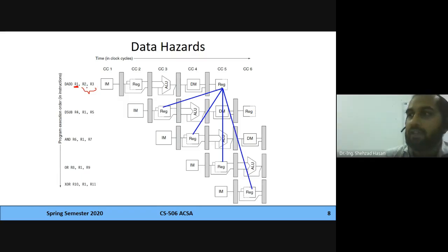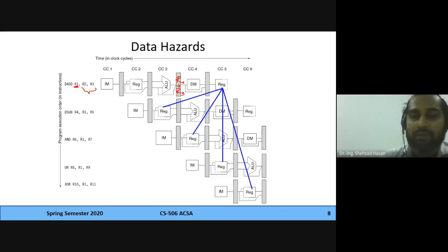The earliest possible time is that the result would be available at the end of the third cycle. So you have this value of R2 plus R3 stored in this register at this point of time. So at the beginning of the fourth cycle, you will have this value with you.